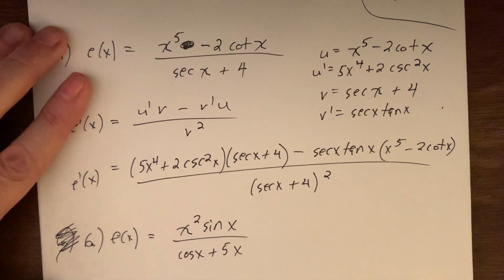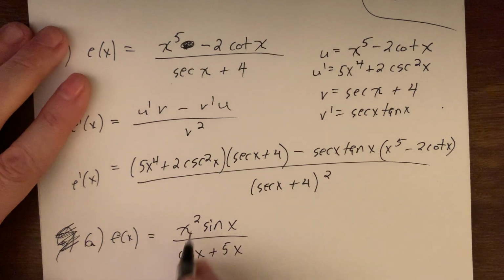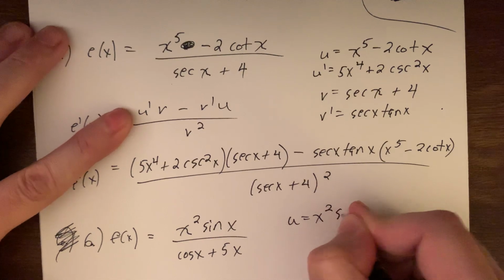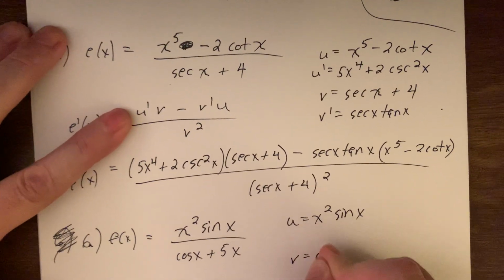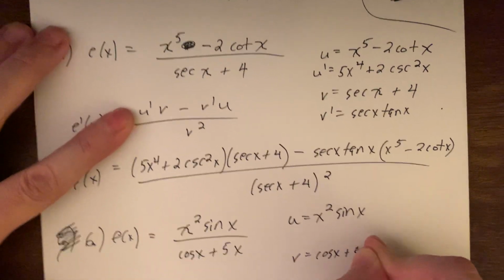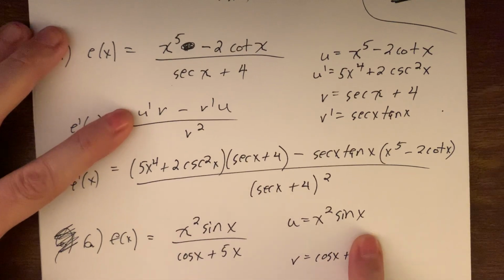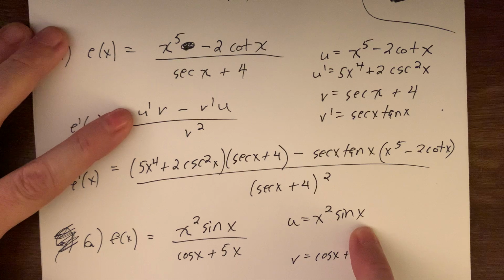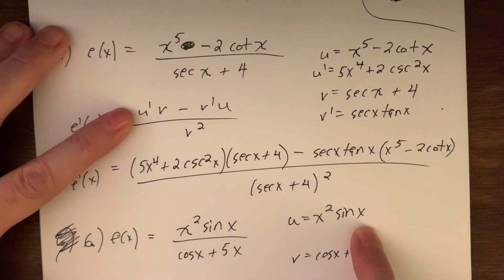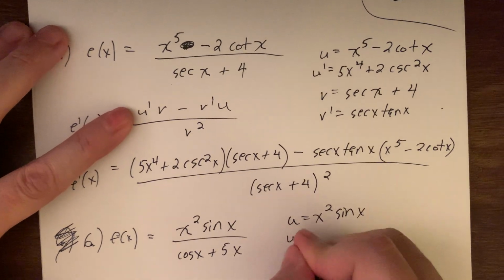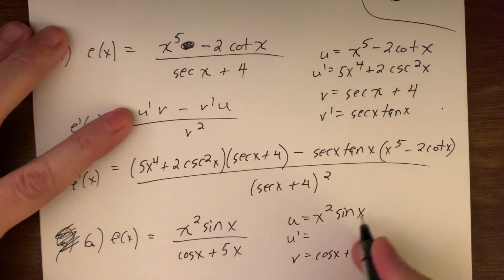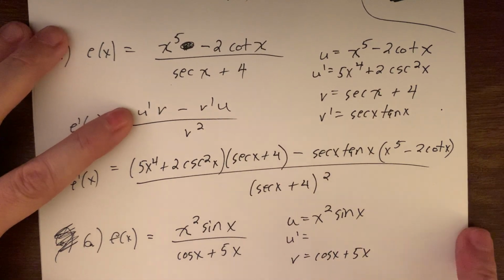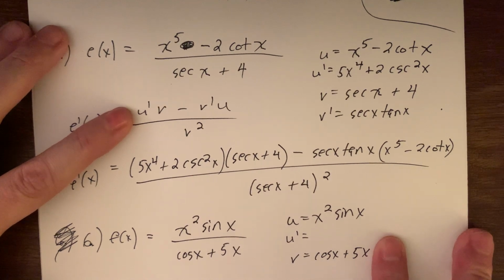So now this is a good situation. Big picture is division, so I would use quotient rule. But when you write out your u and your v, notice u is not straightforward. u still has multiplication, so you would still need product rule. So to get u prime, that would be product rule, but this isn't too bad. Maybe, again, a little more bookkeeping. If you're going to do more bookkeeping, don't use u and v again.